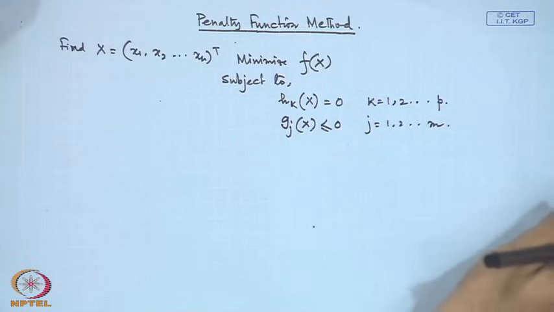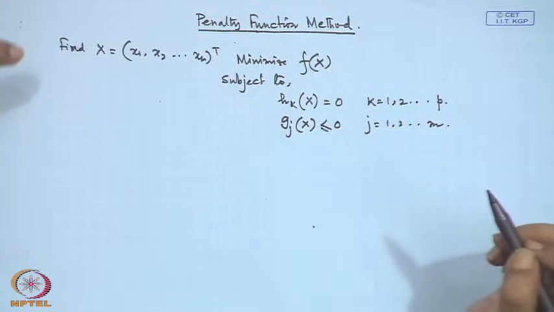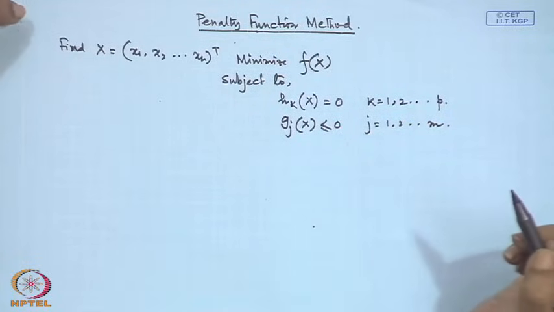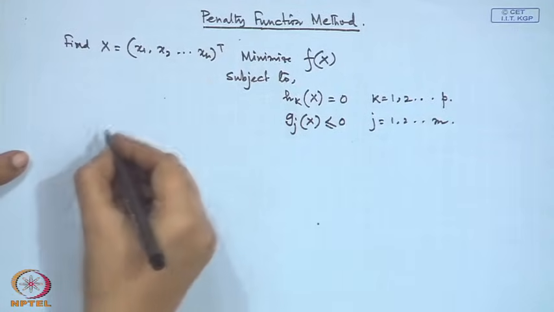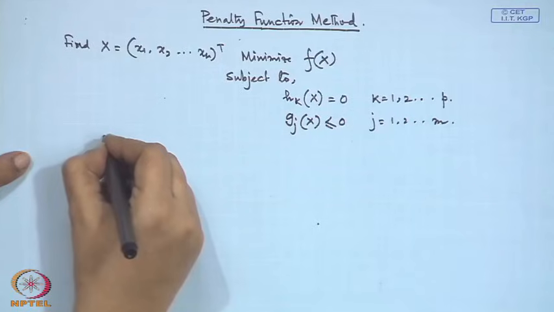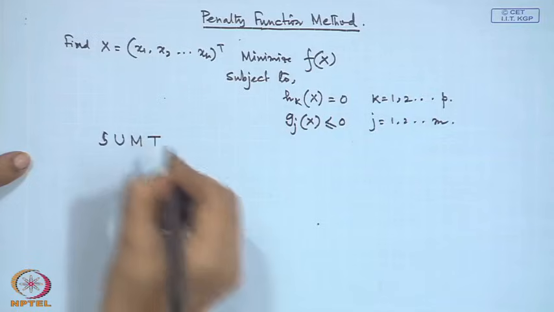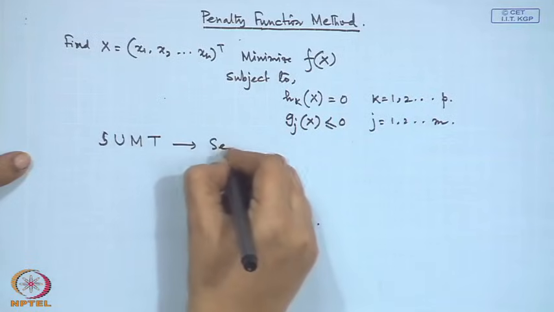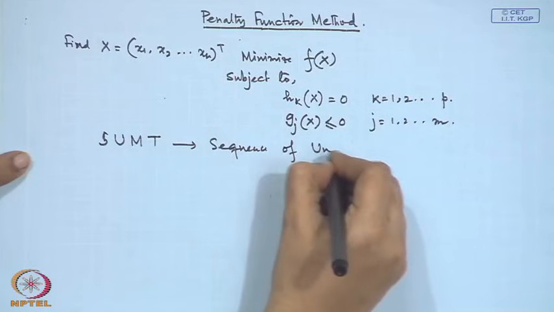Now, the penalty function method reduces this nonlinear programming problem into a sequence of unconstrained optimization problems, which is why this penalty function method can also be named the sequence of unconstrained minimization technique.